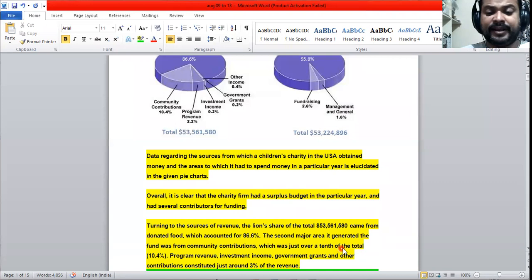The second major source of funds was community contributions, which was just over a tenth of the total, that is 10.4%. Next are the insignificant ones, in one sentence: program revenue, investment income, government grants, and other contributions constituted just around 3% of the revenue. So 2 plus 2 plus 0.2 plus 0.2 plus 0.4 goes around 3%.